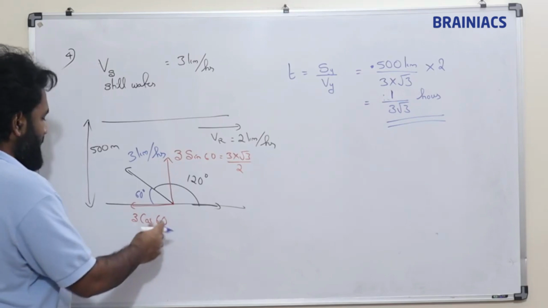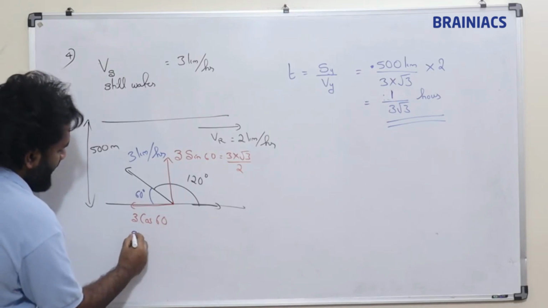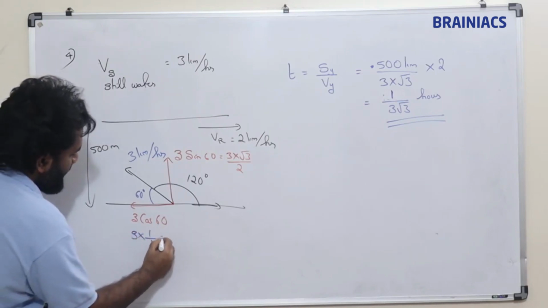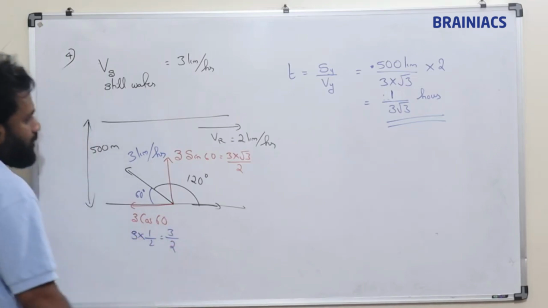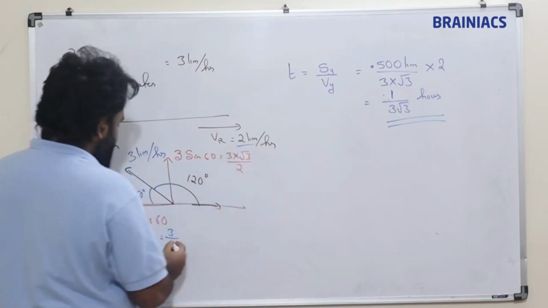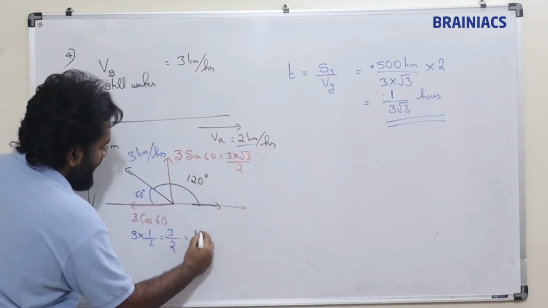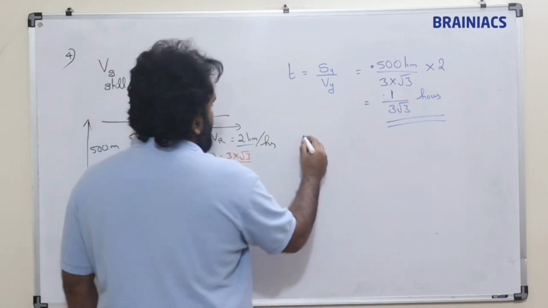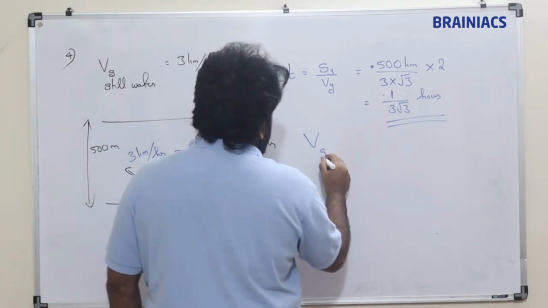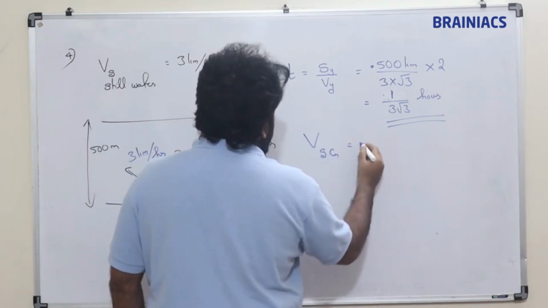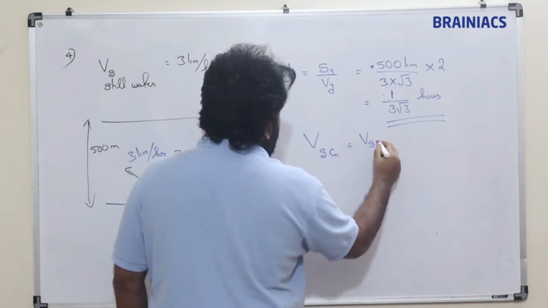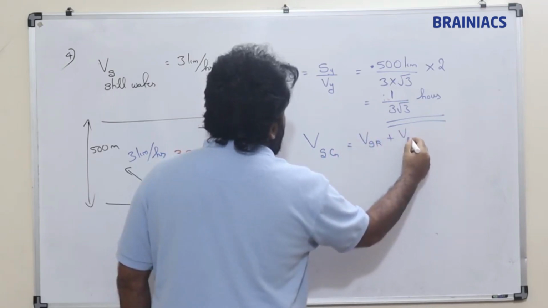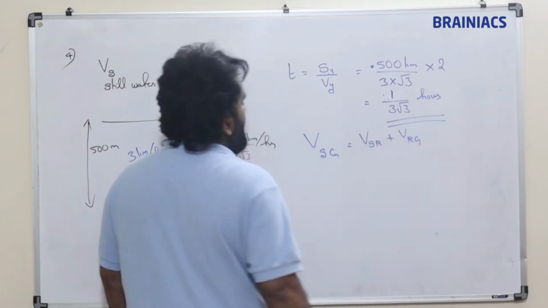So here 3 cos 60 is what? 3 into 1 by 2. So this is going to be 3 by 2, which means 1.5, and here it is 2 kilometers. So velocity of swimmer with respect to ground is equal to velocity of the swimmer with respect to river plus velocity of the river with respect to ground.